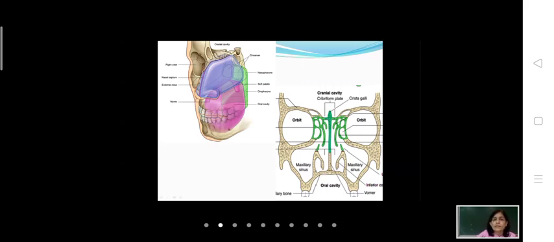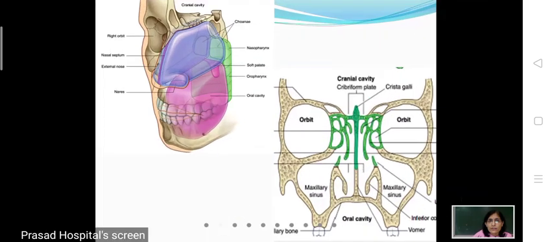Then superiorly, this nasal cavity is separated from the cranial fossae by way of several bones: frontal bone, ethmoidal bone, and sphenoid. Inferiorly, this nasal cavity is separated from the oral cavity by way of a hard palate. This midline is the nasal cavity. Superiorly will be the cranial fossae.